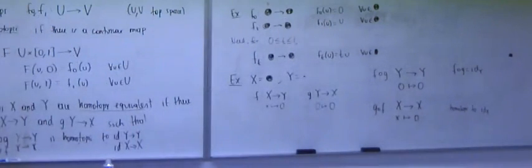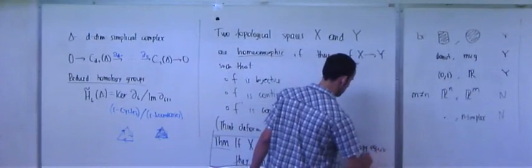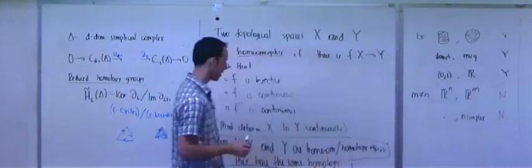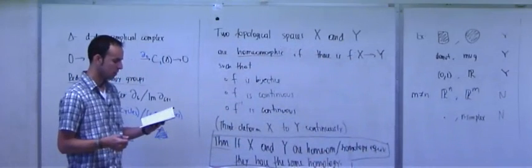And as you can imagine, this theorem is also true for homotopy equivalent spaces. So if two spaces are homotopy equivalent, then they have the same homology. Okay? So what does that mean?